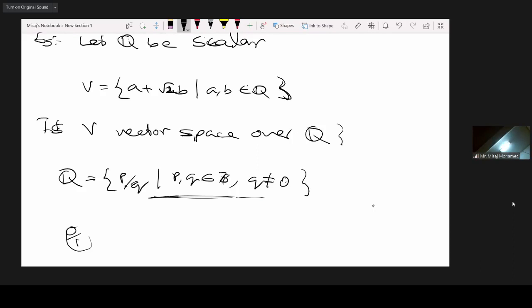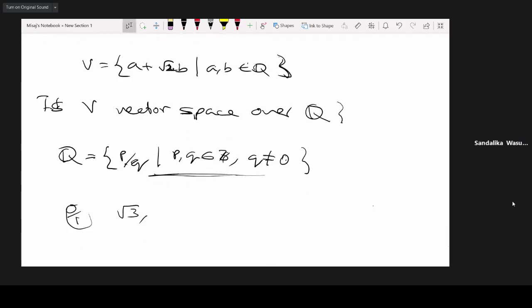Right. So give me an example of an irrational number. Square root 3. Exactly. One more. Square root 5, 7. Different type of number, 1 over square root 5.